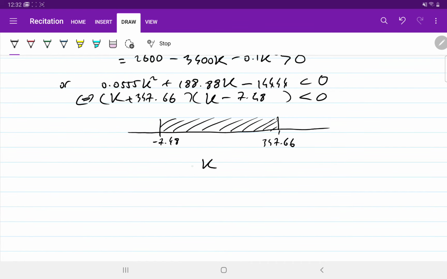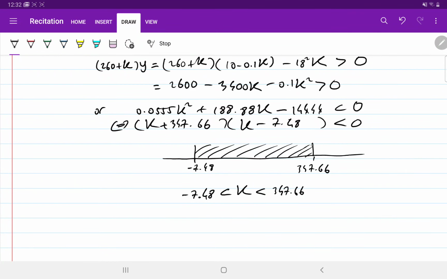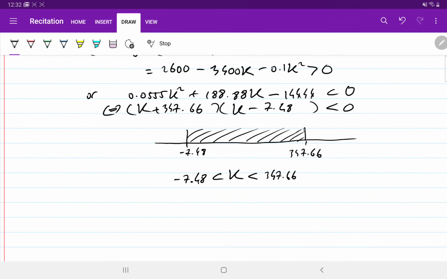So we know that k must be between minus 7.48 and 347.66, but it should be the other way around: this one is 7.48 and this one is minus 347.66. Yes, that's the correct one.